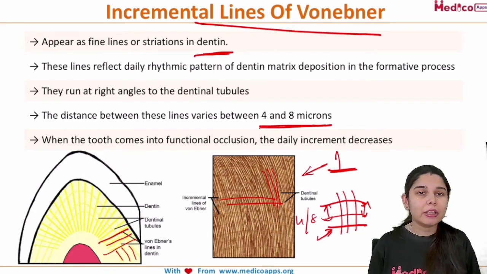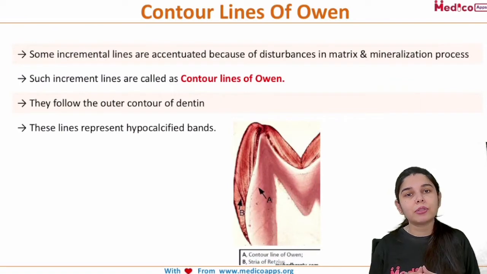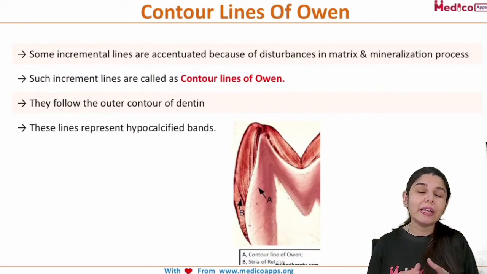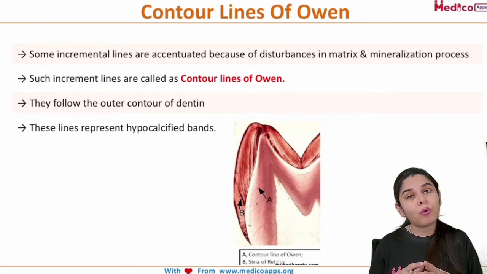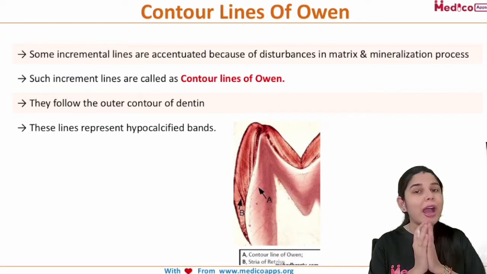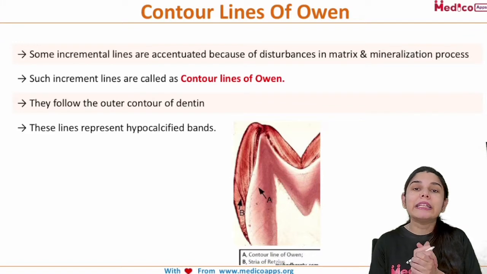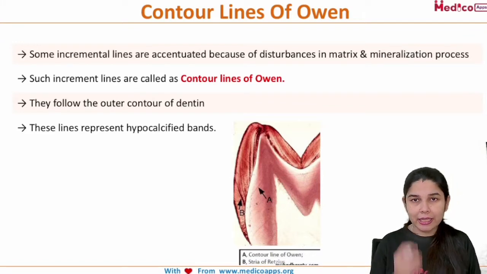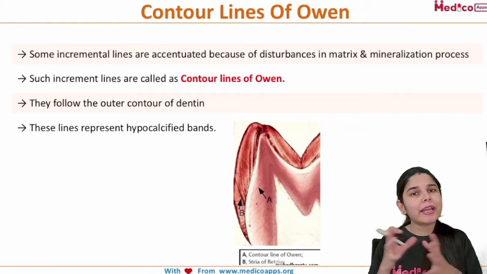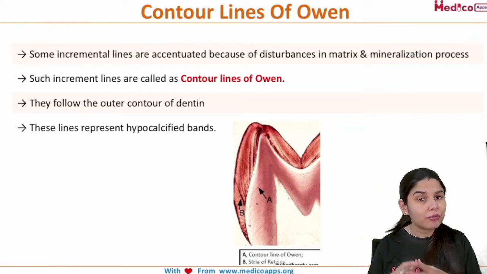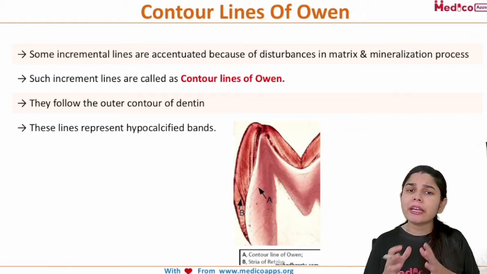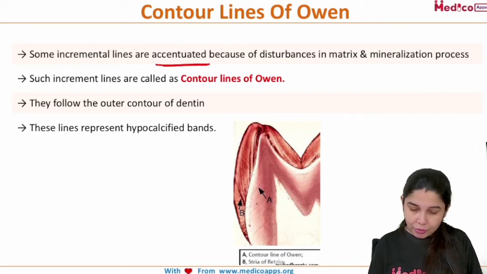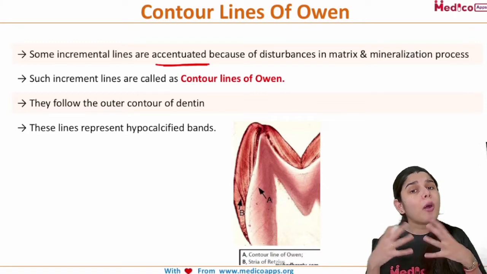Now, after that, the third option which we had discussed was the contour lines of Owen. What exactly are the contour lines of Owen? The first two you have understood very briefly. The third one we are going to discuss is some incremental lines. Among all the incremental lines which we have been discussing in tooth formation, there are certain incremental lines which are accentuated. What do you mean by accentuated? Accentuated means prominence.